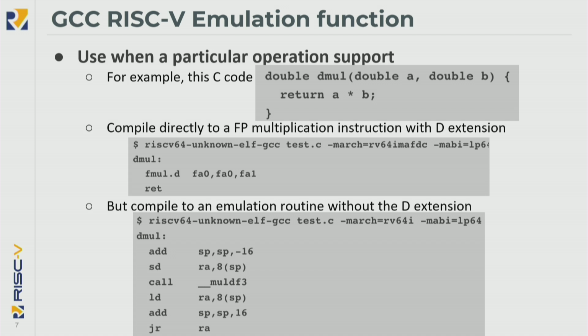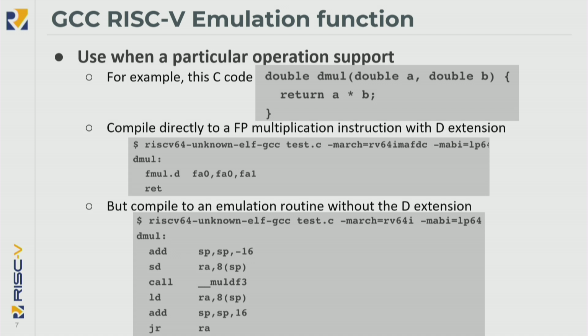-march, with RV64IMAFDC, because that implies that this particular processor or architecture supports double precision floating point, the instruction being generated is one single instruction.